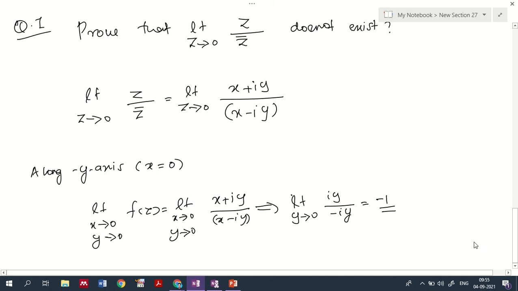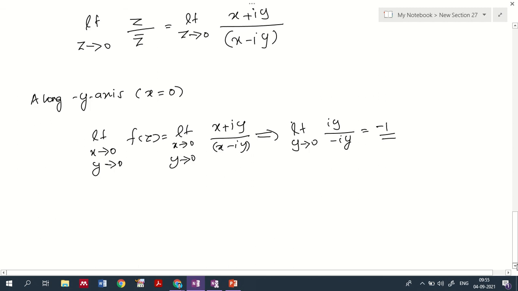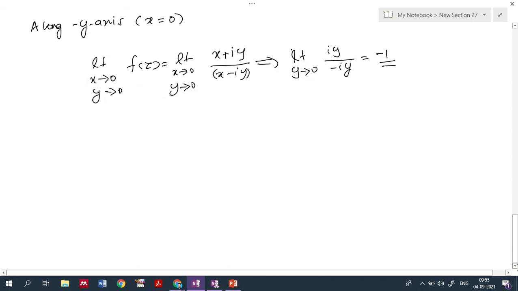And let me take the next case, so that you will understand much better. In this case, along the x-axis, the path is along the x-axis, so y will be equal to 0. So first you have to apply y tends to 0, then x tends to 0, of f of z.